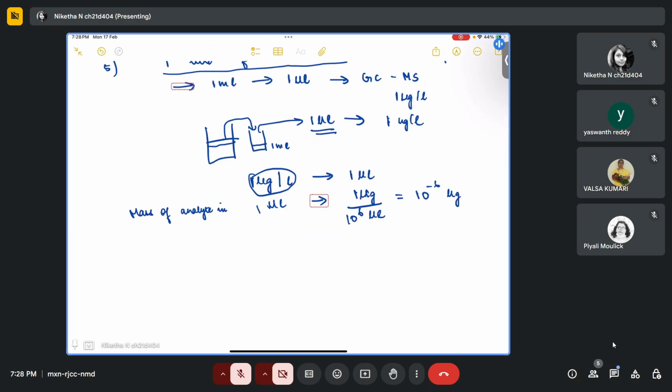Since this was obtained from 1 ml, how much mass will be there in 1 ml? In 1 microliter, there is 10 power minus 6 microgram. So in 1 ml, how much will be there?